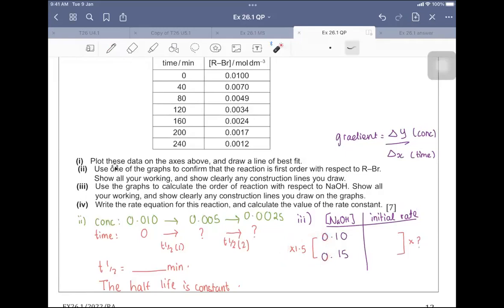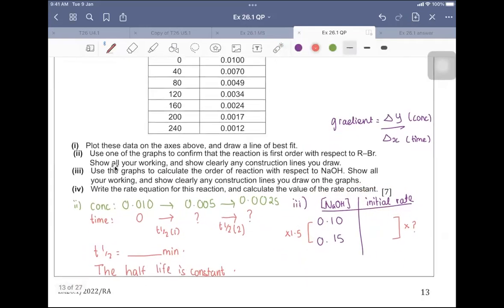How the initial rate increases as your concentration of NaOH increases can tell you the order of the reaction.